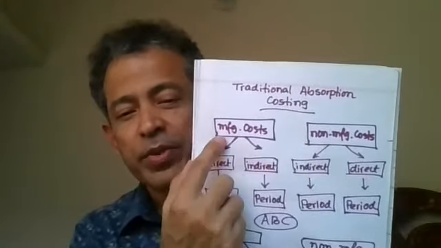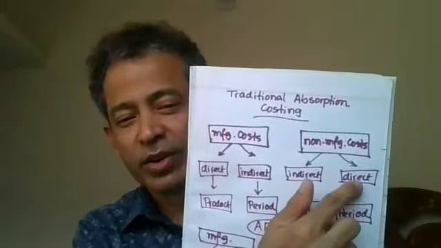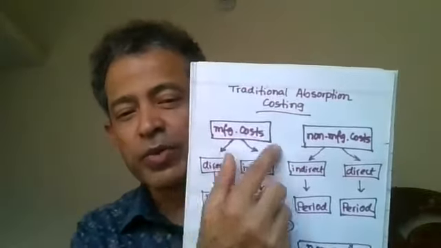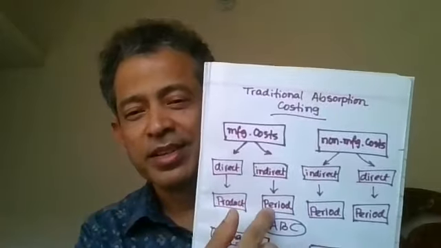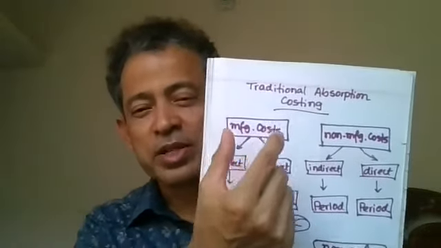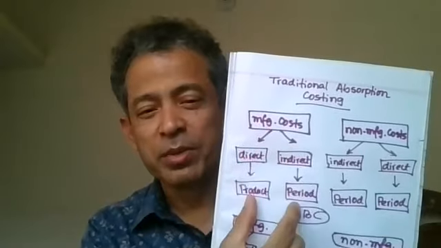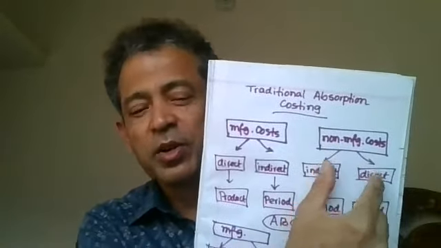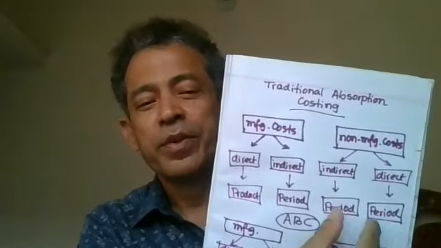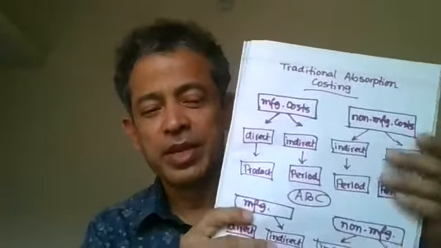Manufacturing overhead could be direct or indirect, and non-manufacturing could be direct or indirect. Whether direct or indirect, we assign both of them to products, as long as it's manufacturing. We don't care. The non-manufacturing, whether direct or indirect, we assign both of them to period. We call them period costs. So the product is not made responsible for those.